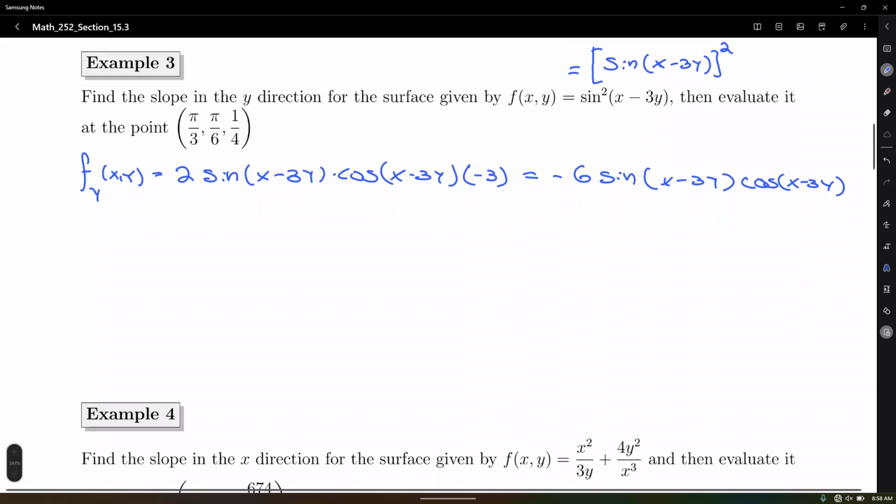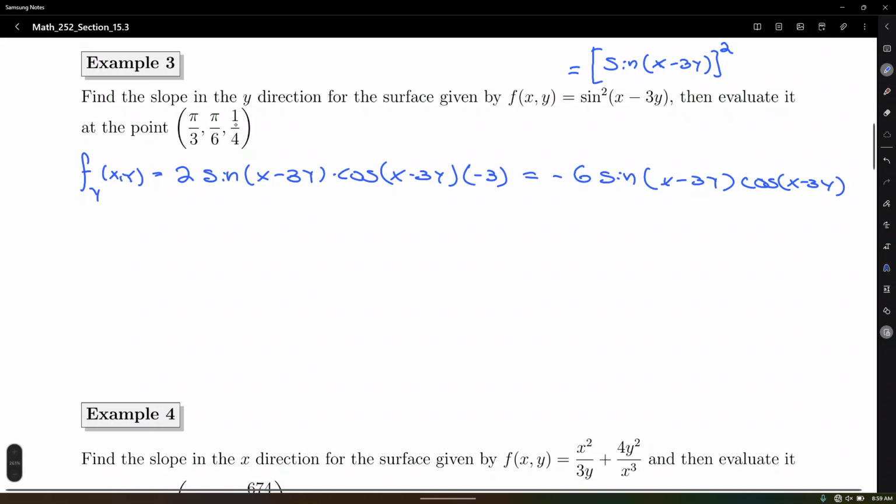Now let's evaluate the derivative at the given point. Now be careful. Don't freak out if you are seeing an ordered triple. In the previous exercise, we were given an ordered pair to find the value of the slope. Well, actually, we didn't need the z value because we were not looking at the z value. We were looking at the value of the slope.